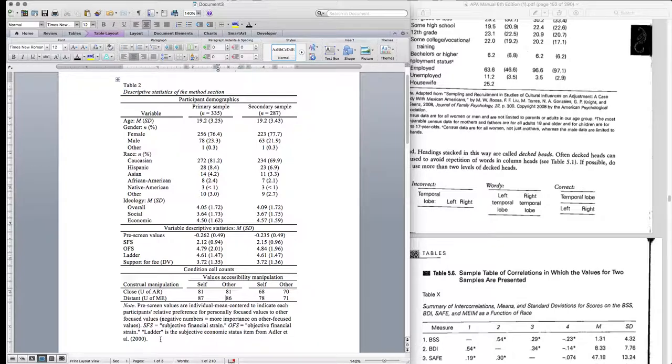Down at the bottom, there are 3 different types of notes, where you see "Note" italicized followed by a period. That's called a general note. And then there are specific notes. A specific note would be if you have some sort of superscript up here. So say, for instance, on one of these, I just had an A for something.